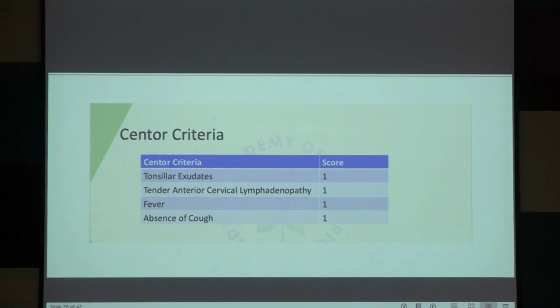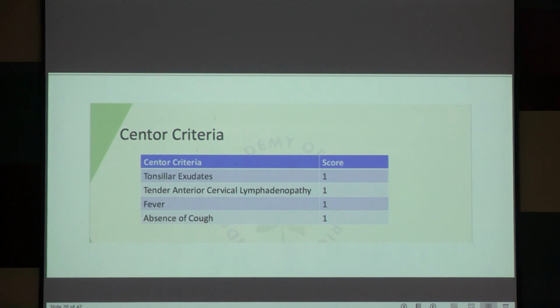Now, Centor Criteria for guiding the treatment, whether we give antibiotic or not. Centor Criteria: score 1 for tonsillar exudates, 1 for tender anterior cervical lymphadenopathy.